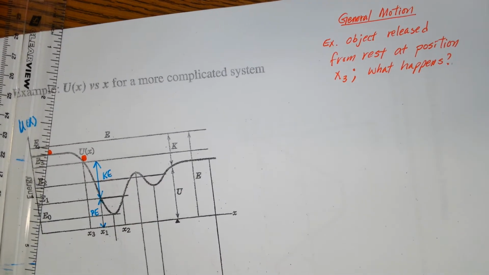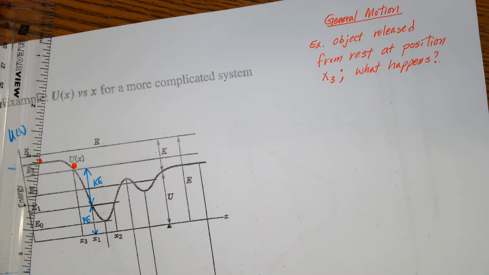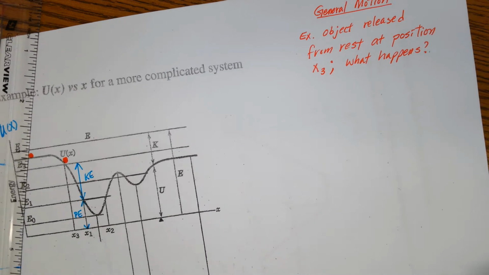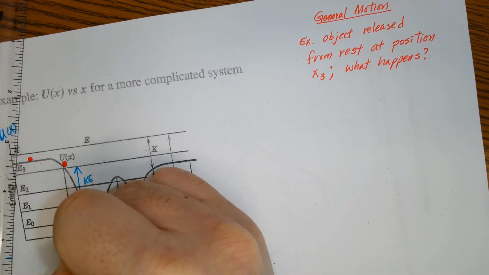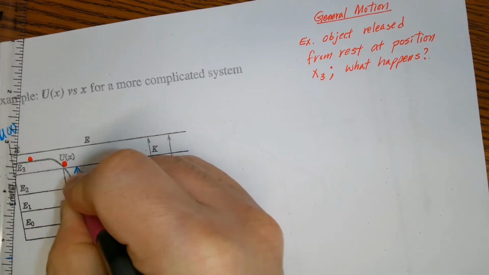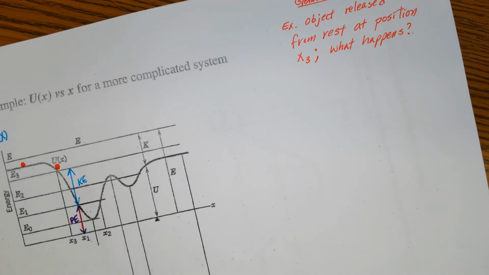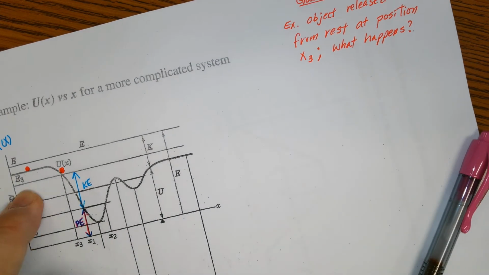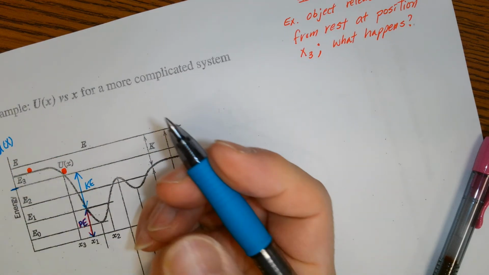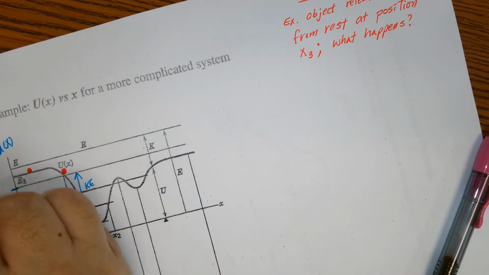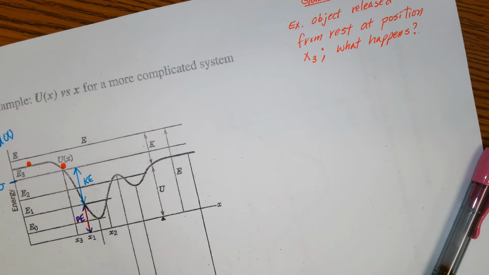Okay? Maybe I should have drawn that in a different color. So the potential energy here, and kinetic energy here. So let's pretend that total energy at E3 right here is, I don't know, like 100 joules, like positive 100 joules.